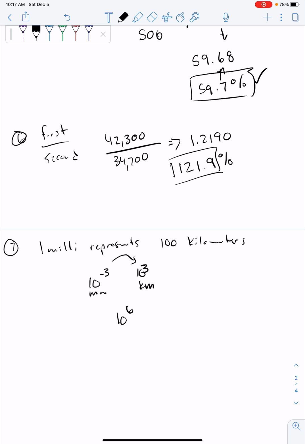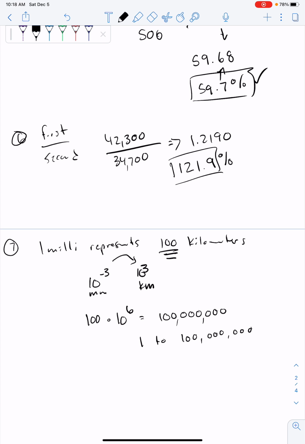But it's not just 1 kilometer, it's 100 kilometers. So I'm going to do 10 to the 6th, but then I'm going to times that by 100. So my answer would be 100 with 6 more zeros. 1, 2, 3, 4, 5, 6. So that means my scale ratio is 1 to 100 million.